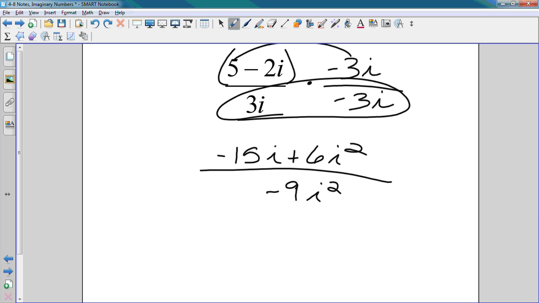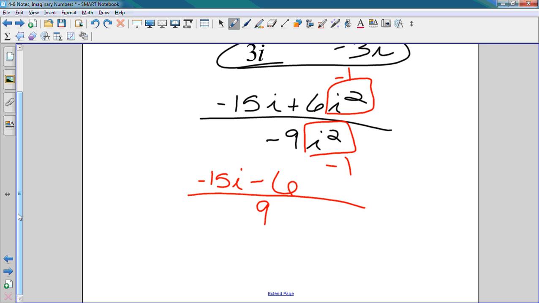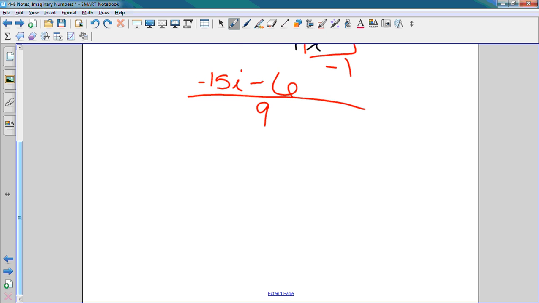In order to get 6i squared, I took negative 3i times negative 2i. Replace your i squared with negative 1s. So the bottom, negative 1 times negative 9, I have negative 15i minus 6, because 6 times negative 1 is negative 6. And simplify. So I have negative 15 over 9i minus 6 over 9.